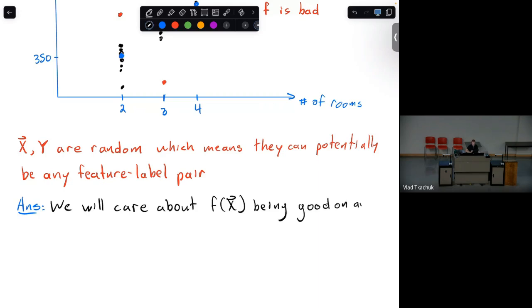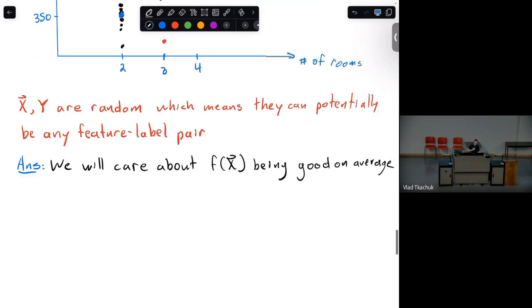We'll make this more precise in 1 second, but this is the first idea. We don't know what x and y is going to be, so what we should do is be good on average. Not the average x and y, but on average over the different x's and y's we can see, but we'll see what I mean. But we should be good on average.